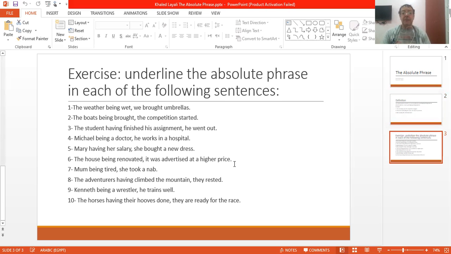So, in this exercise, underline the absolute phrase in each of the following sentences. Just take a minute or two looking at these sentences. Try doing them on your own. I'll give you just a couple minutes, and then I will be doing this with you. We will be answering these questions together.